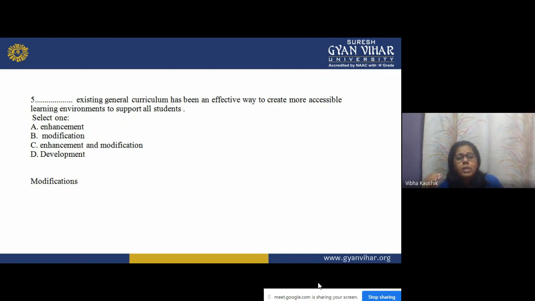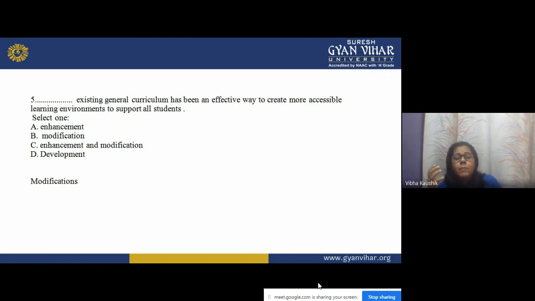Now, dash, existing general curriculum has been an effective way. Existing general curriculum, the curriculum that is presently used for giving knowledge to the students. Existing general curriculum has been an effective way to create a more accessible learning environment to support all students.